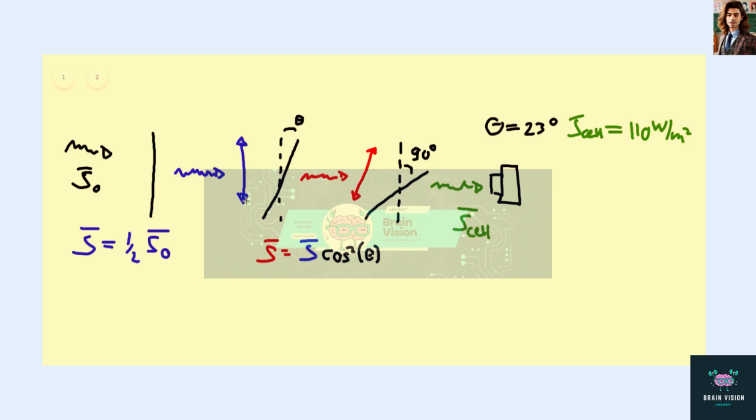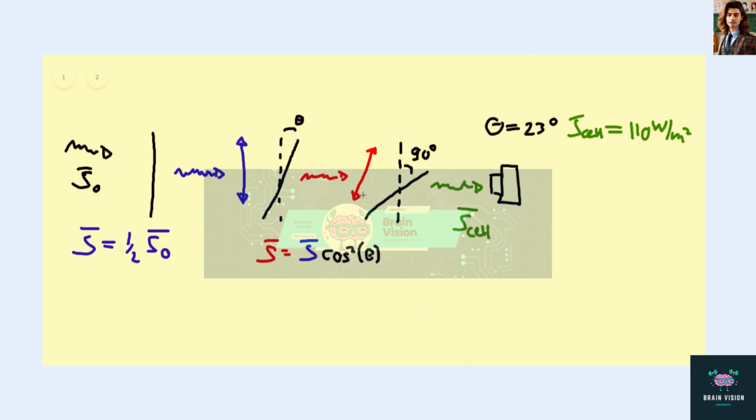The reason is that the light incident on this insertion is polarized parallel to the vertical axis, and the axis of polarization of the insertion makes an angle theta with that axis of vertical polarization. So this is the value that you have going on to the analyzer.